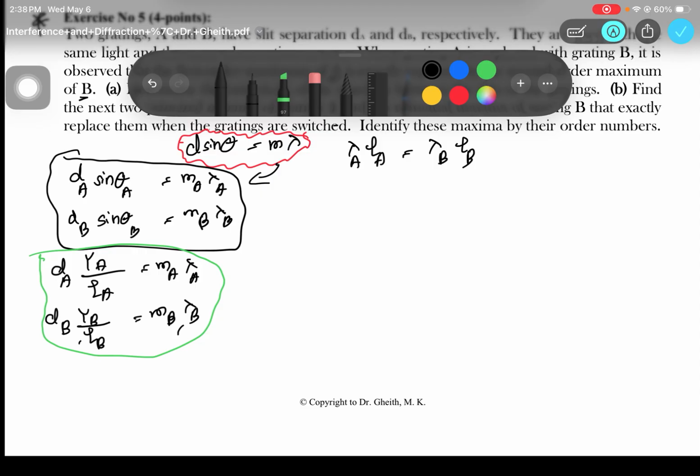And lambda L is d_A y_A over m_A, because this is right here, we just switch this one to this one. So it is equal to d_B y_B over m_B.